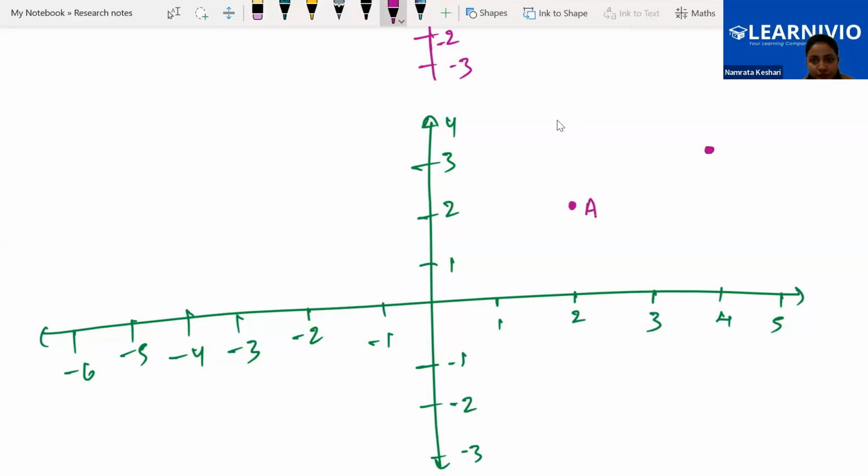This is how you will have the question. Don't worry, you don't have to take a scale and mark it. You just have to tell the coordinate. Since you are learning it for the very first time, this is how the point will be given to you.